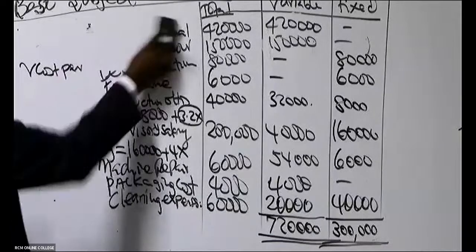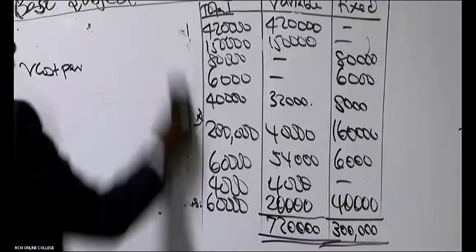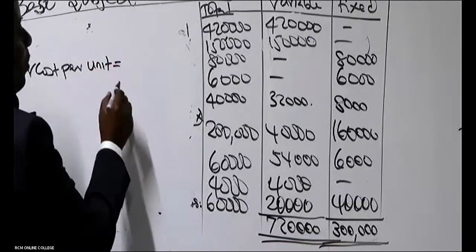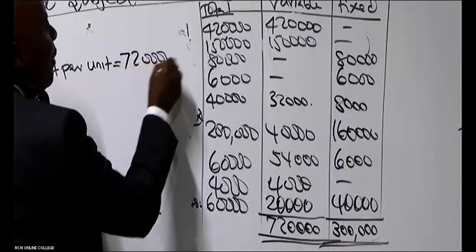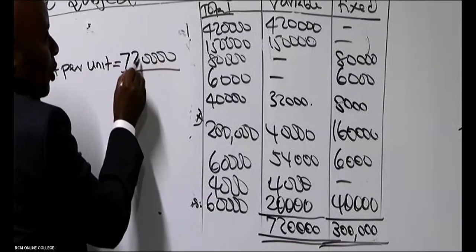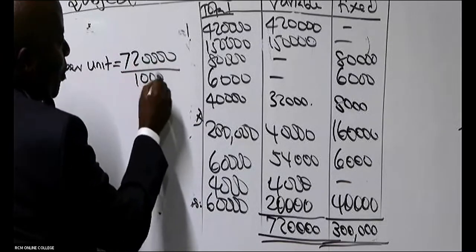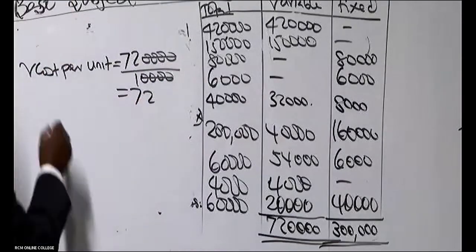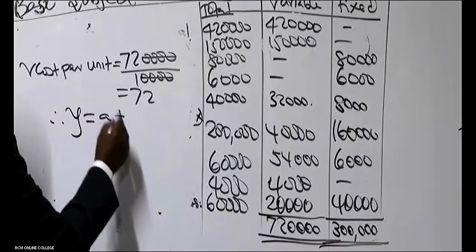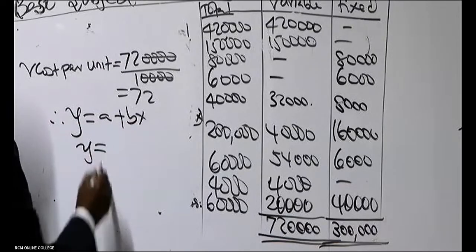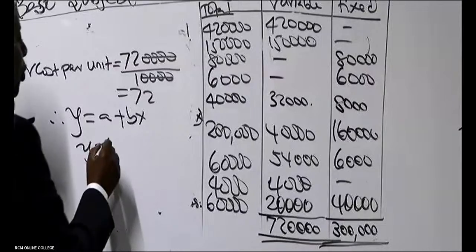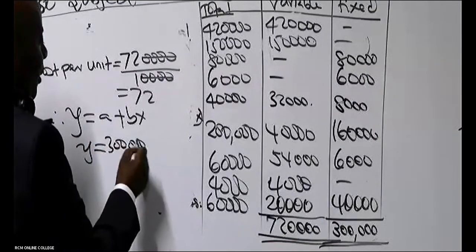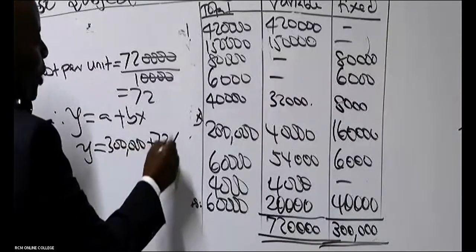Variable cost per unit will be 720,000 divided by how many units were produced? 10,000. So this is 72 what here? And therefore, the cost estimation equation is like this. Our Y will be equal to A, where A is fixed cost, 300,000, plus B, which is 72, X like that.